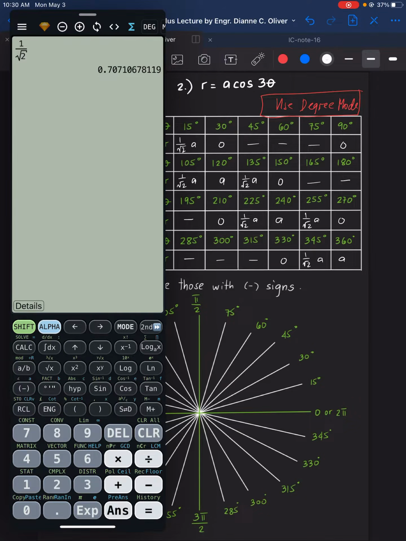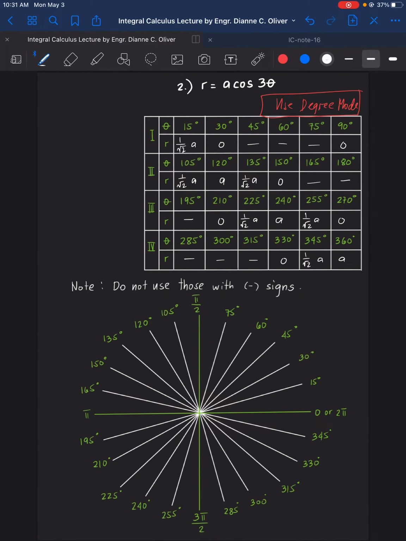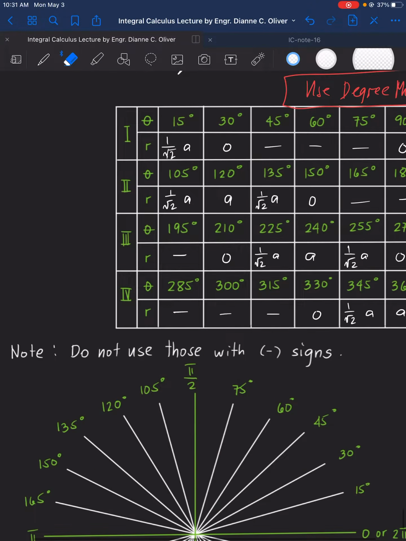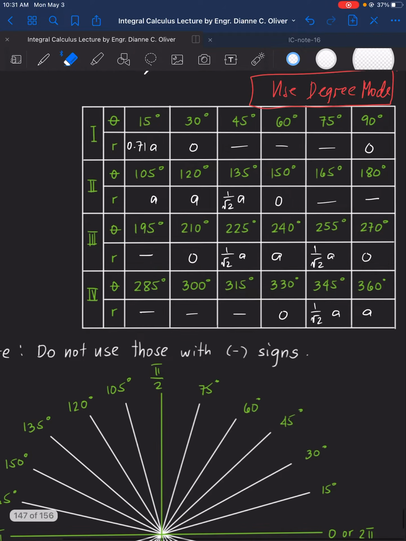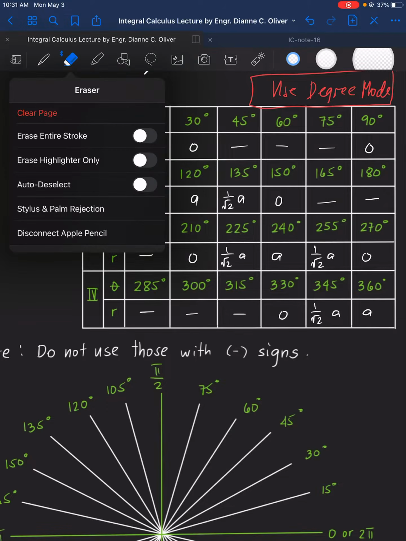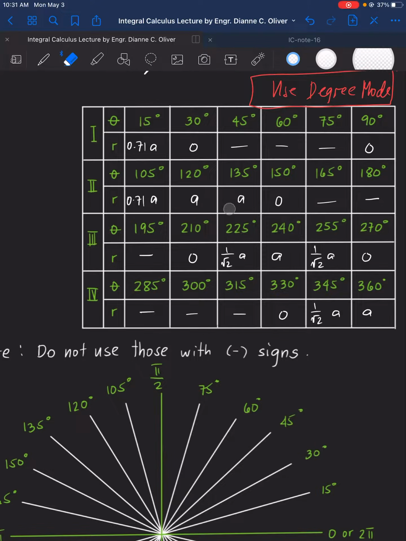You can use that. That is 0.71 here. 0.71. Then we can have here 0.71 also.